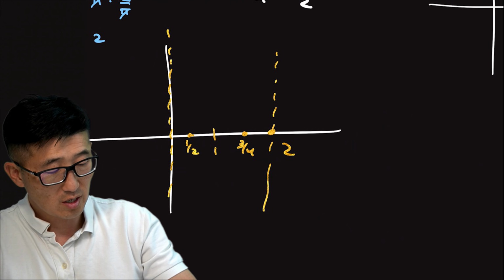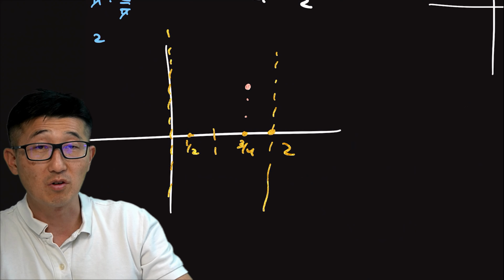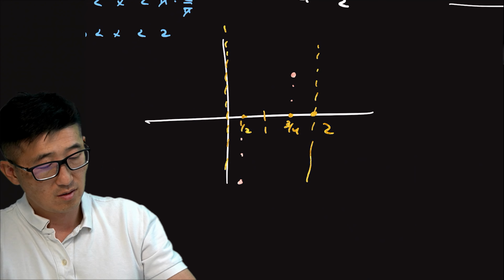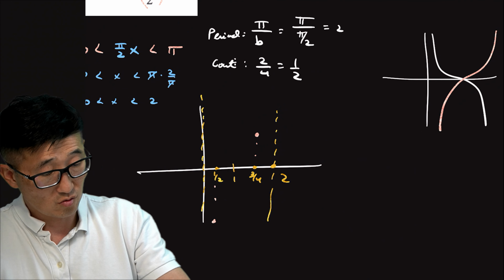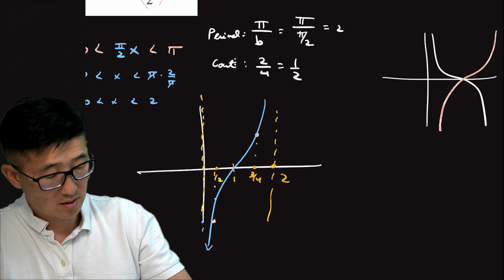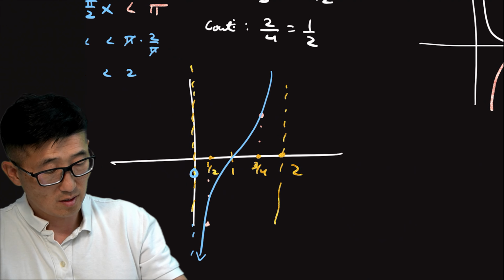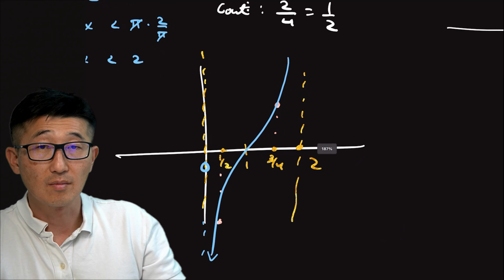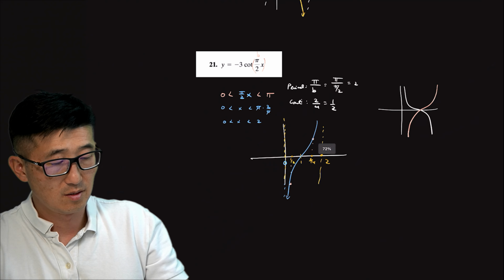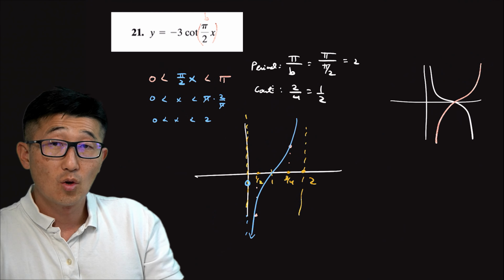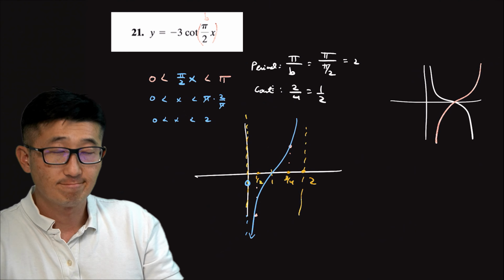We go down 3 at 1/2 and up 3 at 3/4. Then graph it. Voila. That makes a lot more sense.